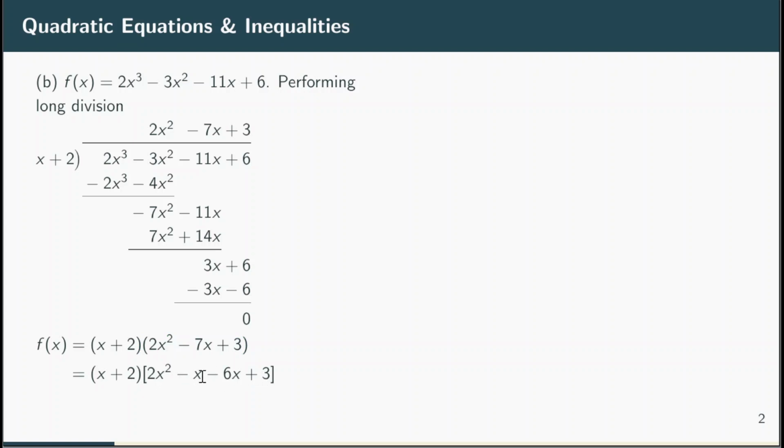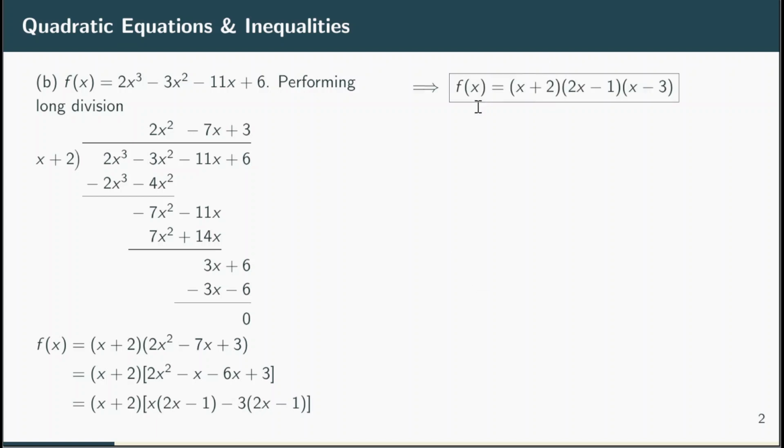I can group these 2 terms, factorize, group these 2 terms, factorize. So x is common to these 2 terms, giving x times 2x minus 1. And negative 3 is common to these 2 terms, so I have negative 3 times 2x minus 1. 2x minus 1 again is common, so I factor it out. And so I factorize f of x completely as x plus 2 into 2x minus 1 into x minus 3. This is why I stop.